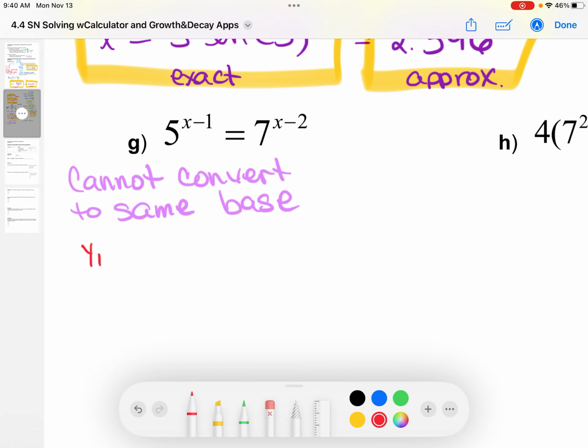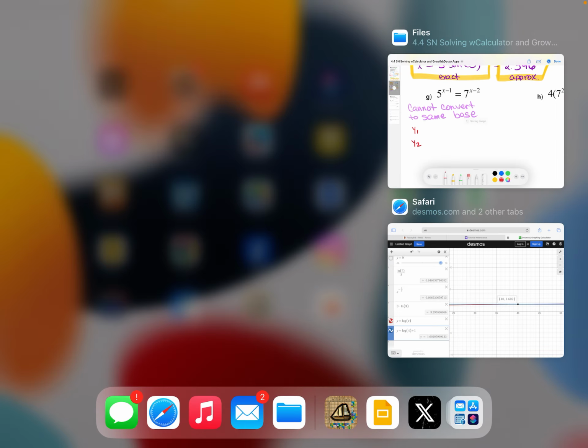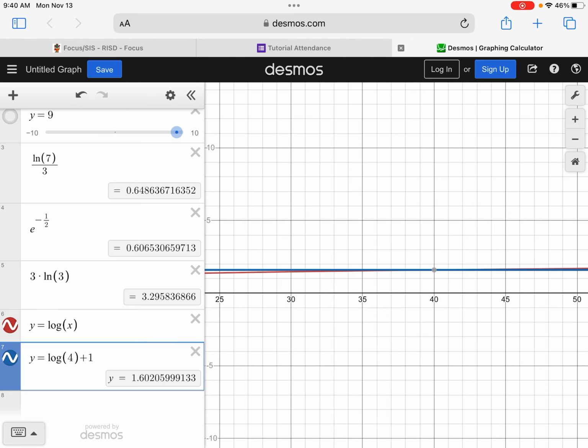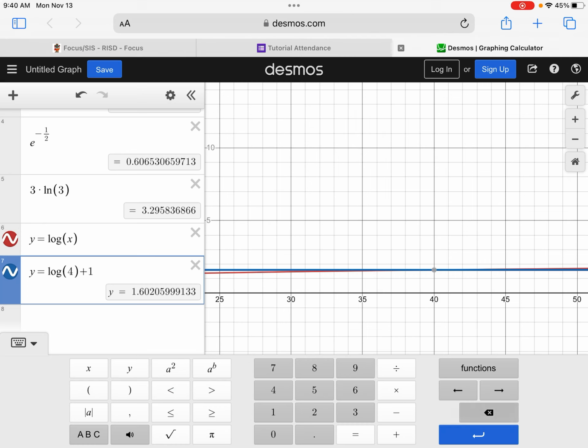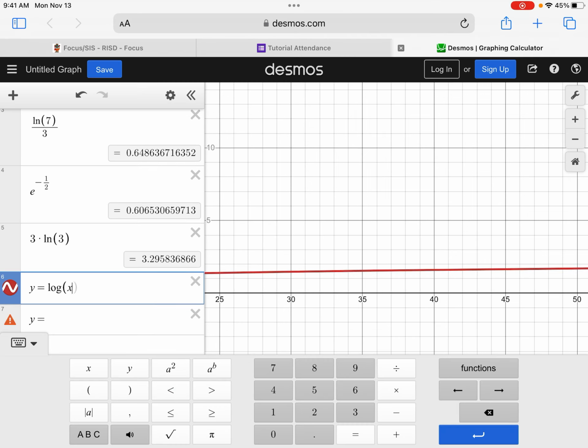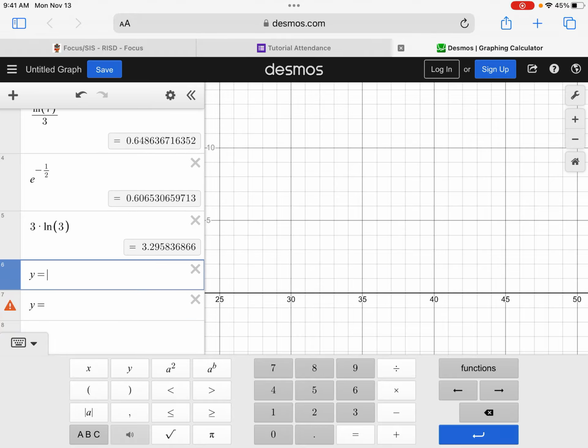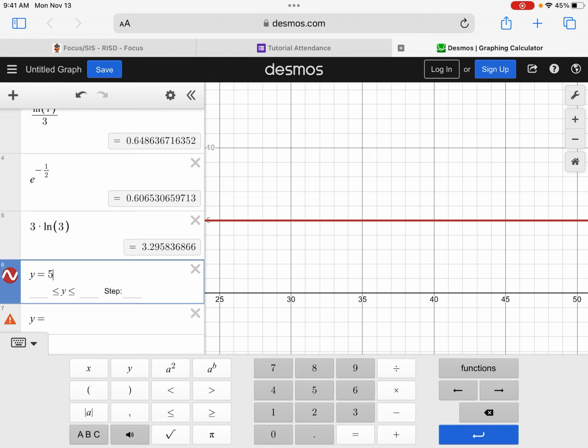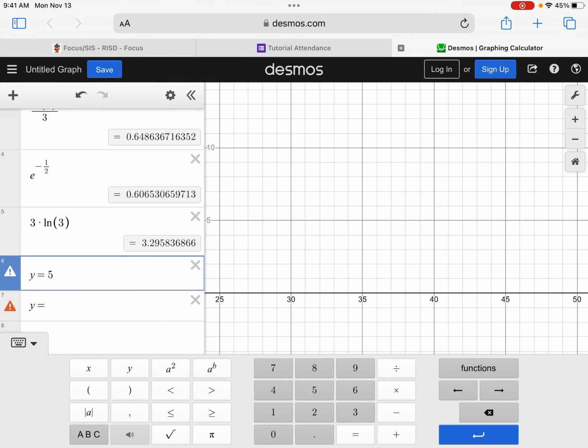Okay, do Y1 and Y2, or line 1, line 2. So I'm going to erase the ones I had up here before because they're already on. Yeah, I know that's an error. So y equals 5 to the power of x minus 1.